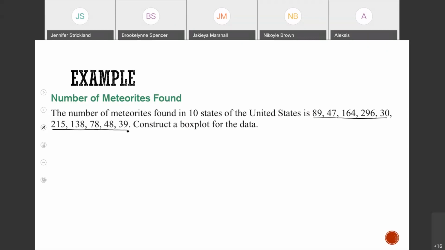Okay, so I'm going to go ahead and put the numbers in order because I know that's going to make things a little bit easier for me to deal with. So I've got a 30, a 39, a 48, a 47, and a 48.